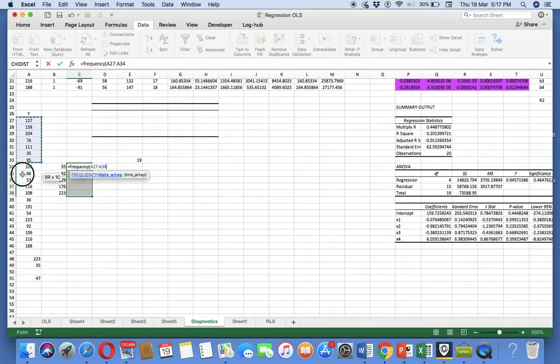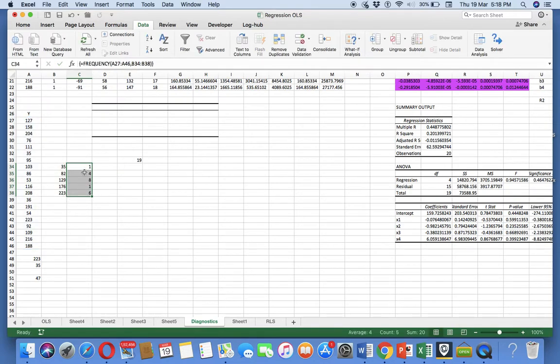I select the values, then a comma, and then the class intervals. I close the bracket and press Control Shift Enter because it's an array. So you see, this is the distribution of the data.